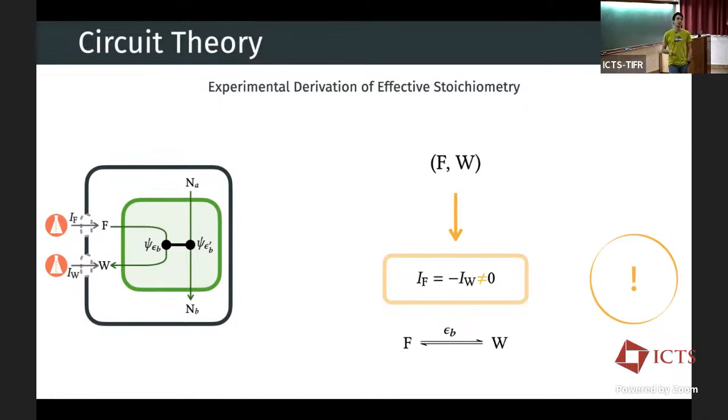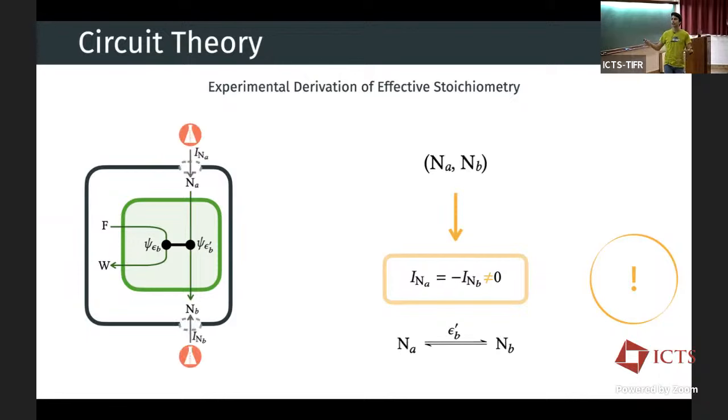So I will see that for every possible concentration of F and W at steady state, the current injecting F is exactly minus the current extracting W. Or if I'm injecting W, I will extract F, which means that whatever is going on inside my system is interconverting one F into one W. And the stoichiometry is 1-to-1. This is the reaction.